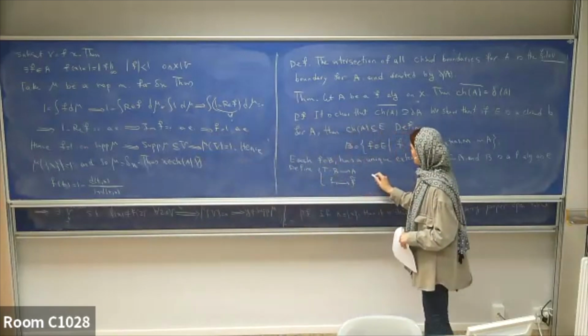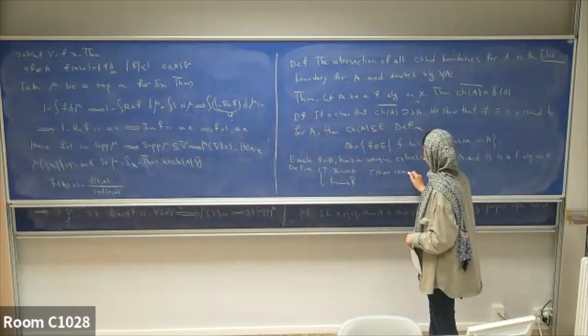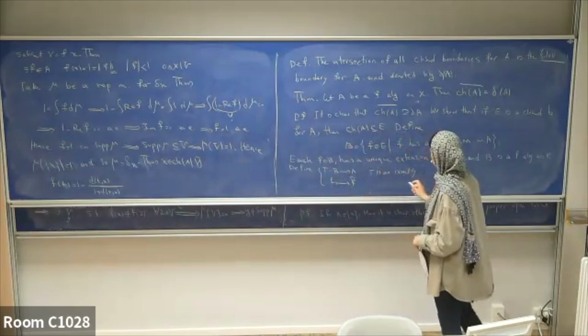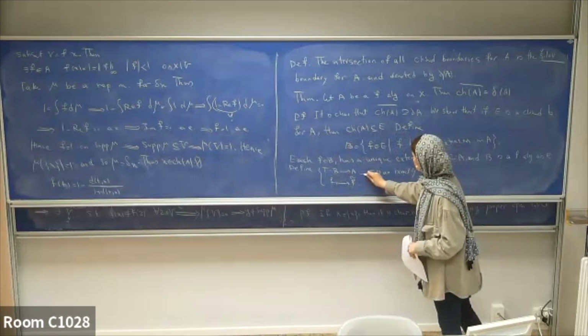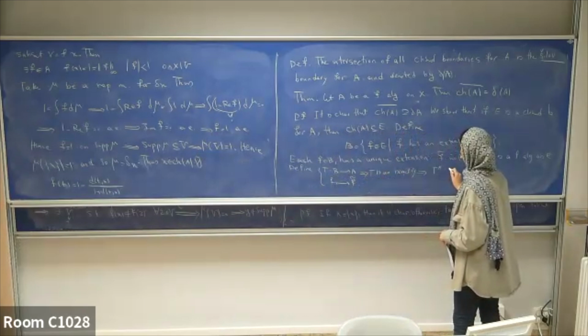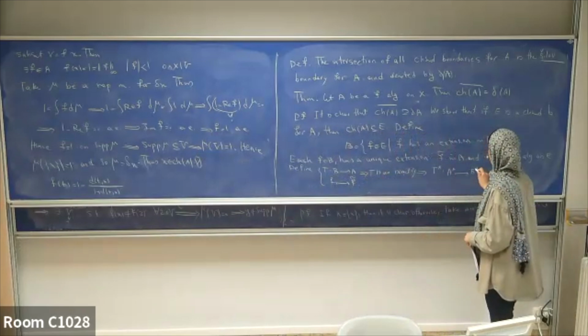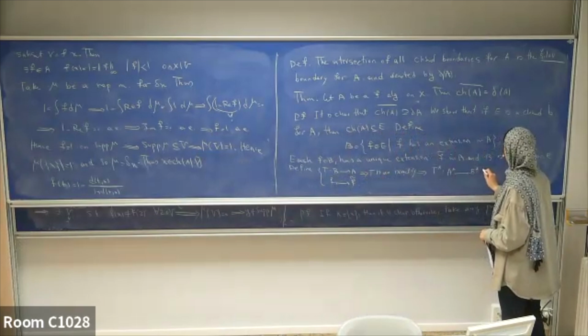T is an isometry. It's really easy to check. Then T star R from A star R, the adjoint of T, is an isometry.